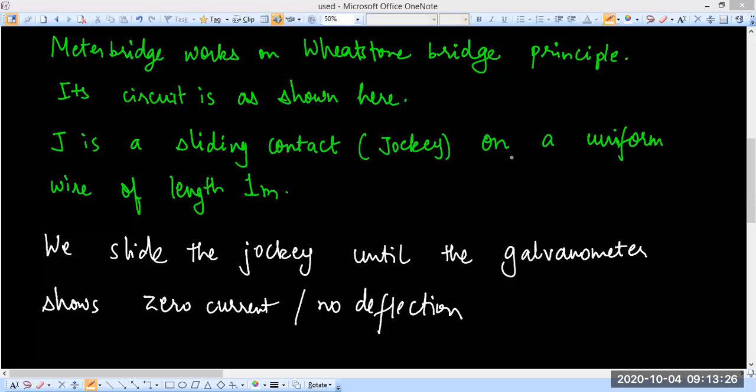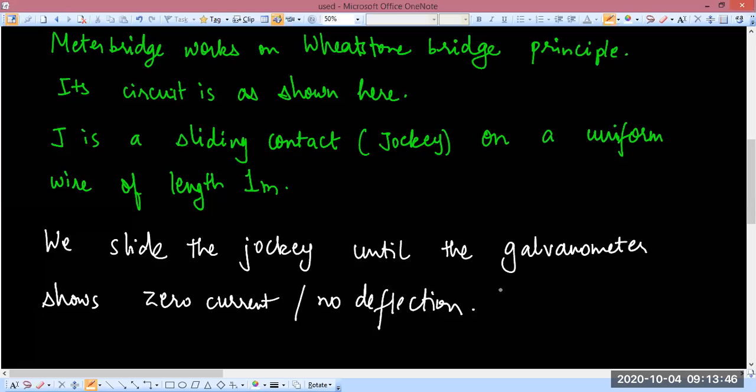So I was saying that we are going to slide the jockey until the galvanometer shows zero current. This is exactly the same as in the Wheatstone bridge, where you keep changing the resistor until the galvanometer shows zero current.